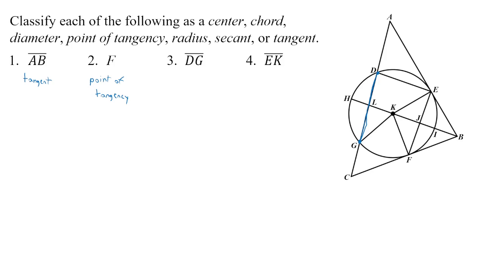That makes line segment DG a chord. So finally, we have line segment EK, which is this line segment right here. This is from the center to a point on the circle. That's a radius.